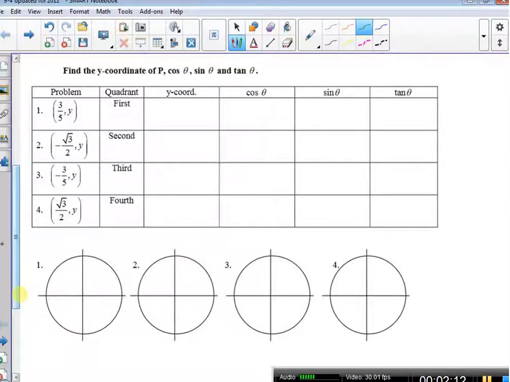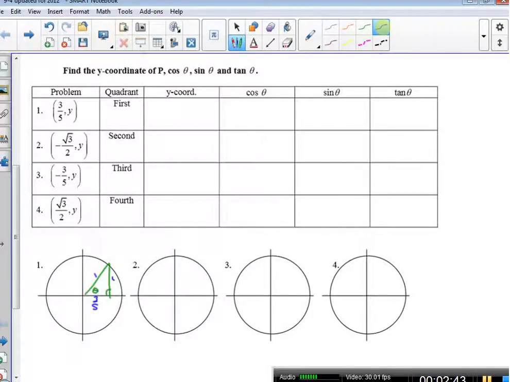So I can set up my little unit circle in quadrant 1, and I can label this as my little angle here, theta. I can say that this x value of 3/5 would label this side, and this side is 1.